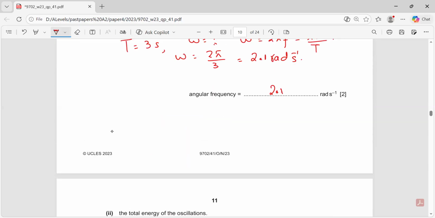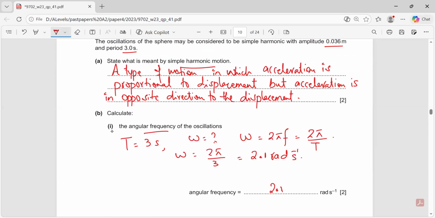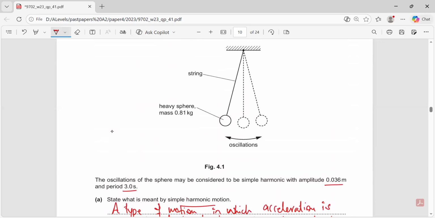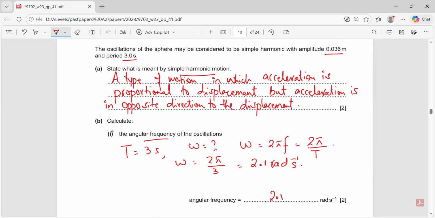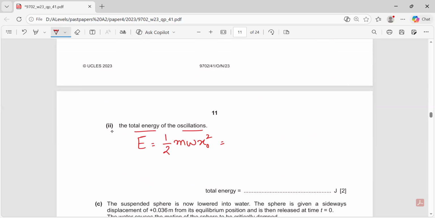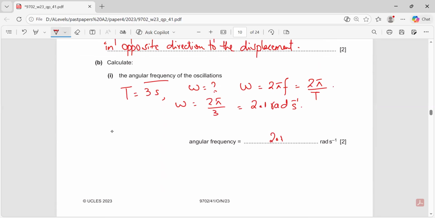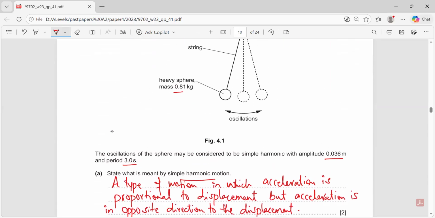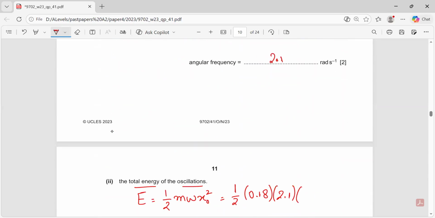What is the mass given to us? The mass given to us is 0.18. So mass will be written as half into 0.18. Omega we found in the previous part, 2.1, and x naught is 0.81, not 0.18, sorry.